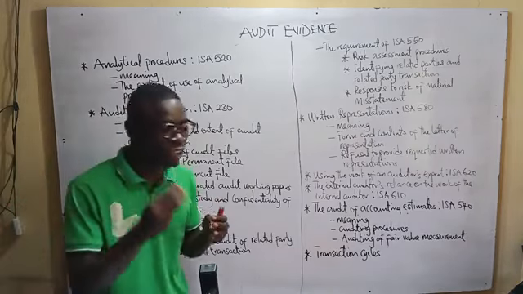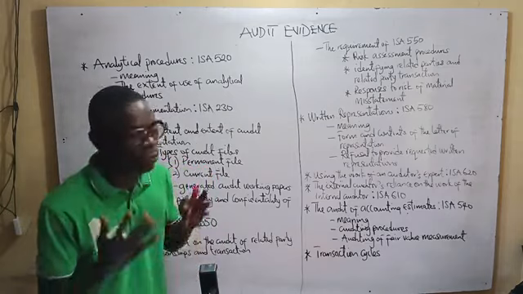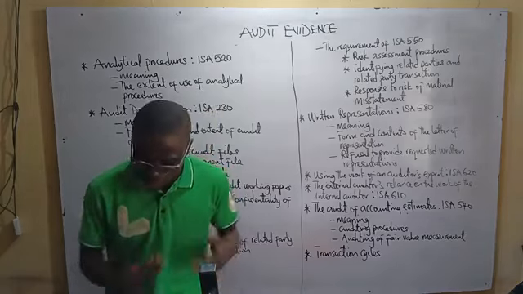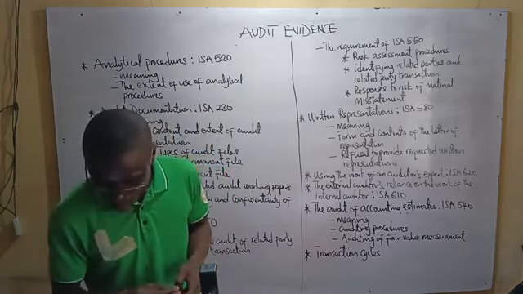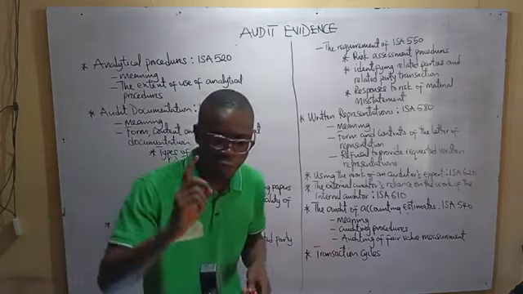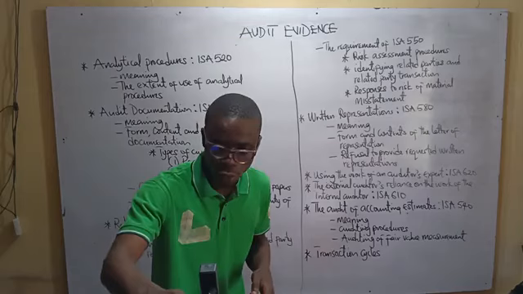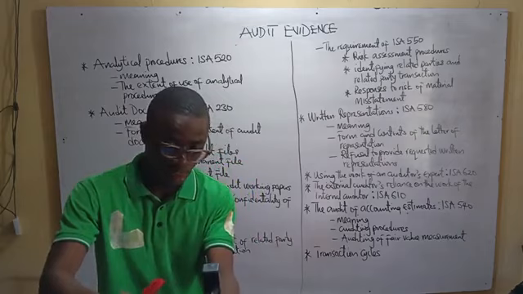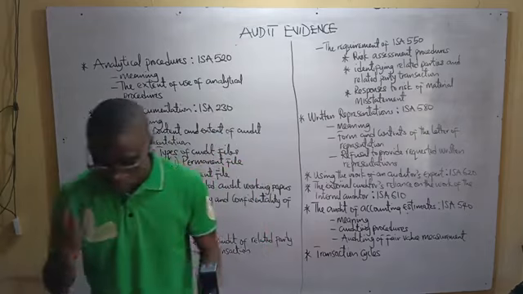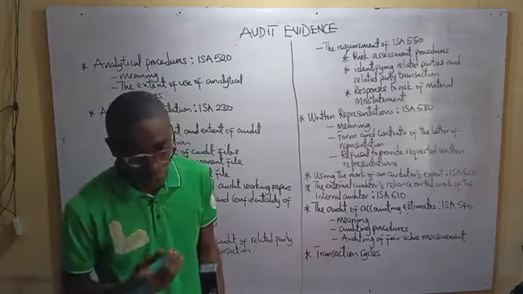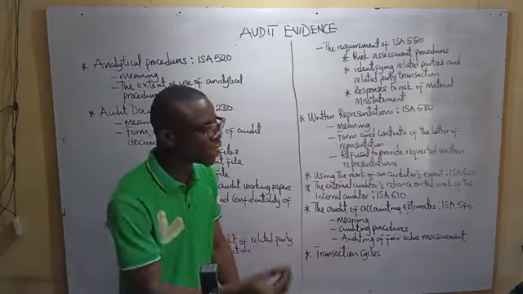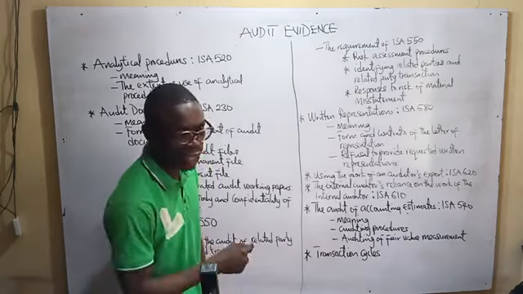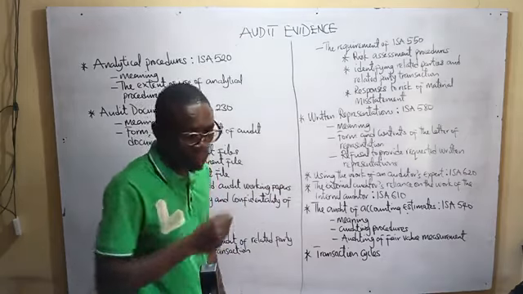Two, he must develop an explanation of the recorded amount, whether ratio or trend, and explain it. He must also evaluate whether that item or that ratio he has calculated can identify material misstatement in the financial statement.